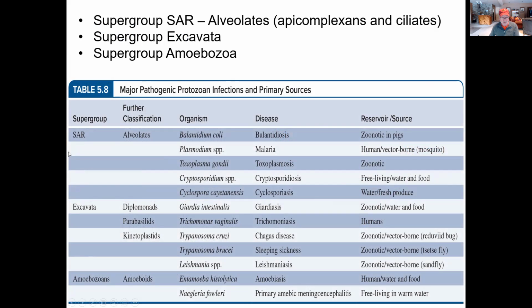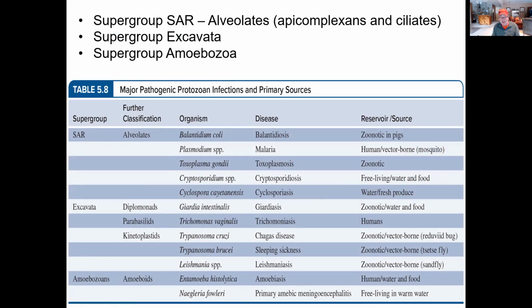Okay, and the first one you see here is the supergroup SAR. Now, you might wonder, what does SAR stand for? If you Google SAR, what it will say is the S stands for stramenopiles, A stands for alveolates, and R stands for rhizaria. So these are additional taxonomic groups.